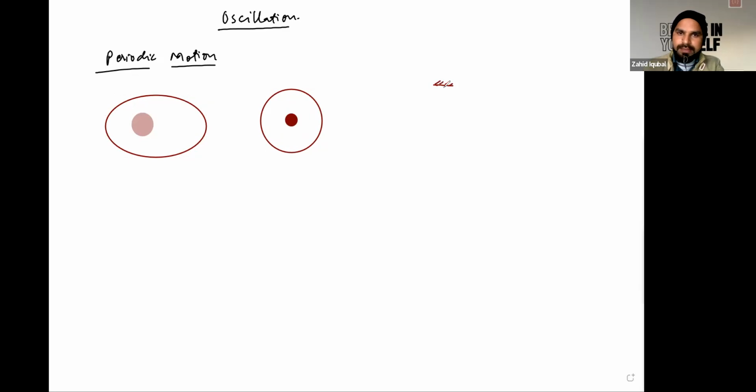Let's say this is axis and a bob attached with a string is going to and fro along this path. So these all are periodic motion. So we may define periodic motion as the motion of a body having fixed time period.